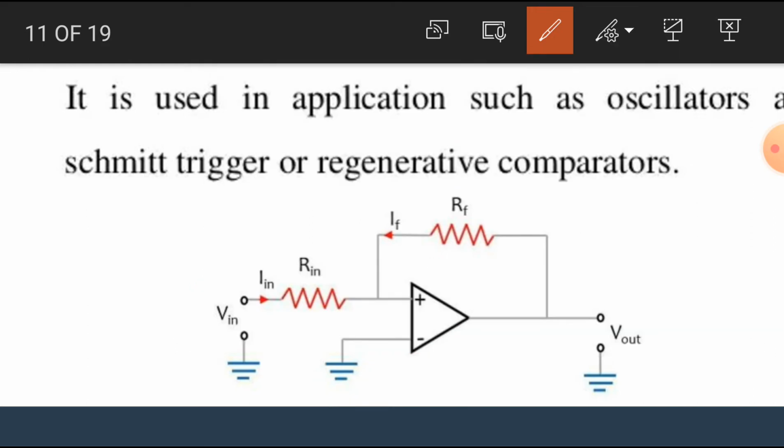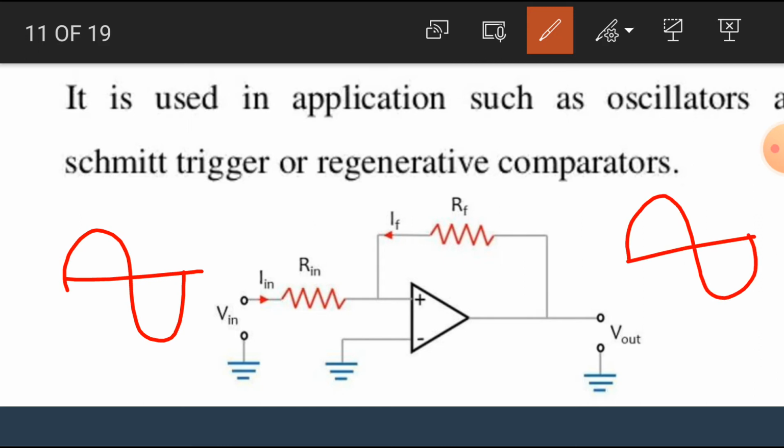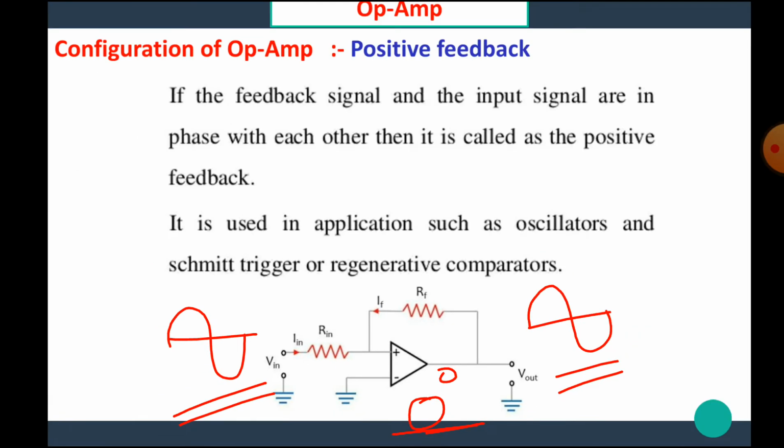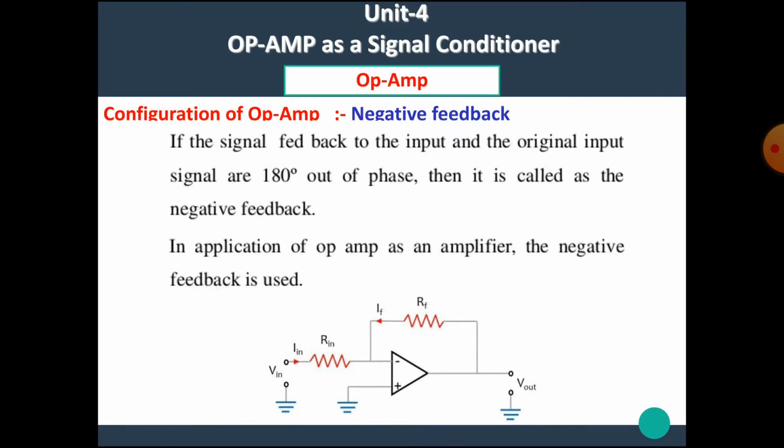Here, if the V in has this phase, then V out also has this phase. That means there is 0 degree phase shift. That means there is no change in the phase of the input signal of the amplifier. I hope you all understand the positive feedback.